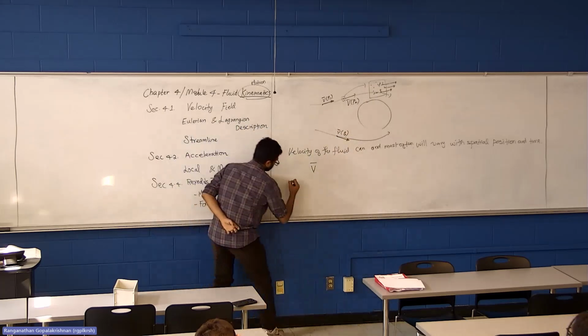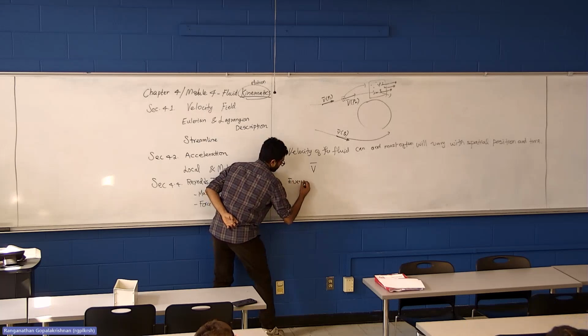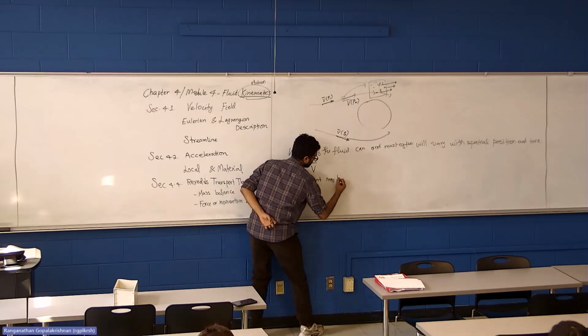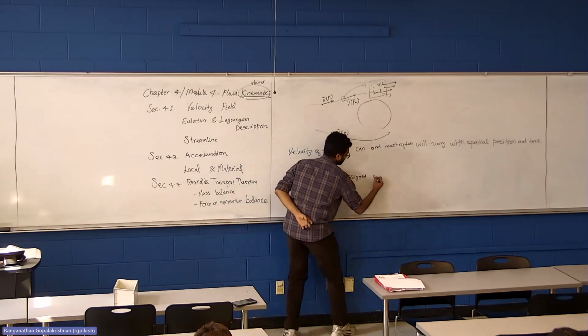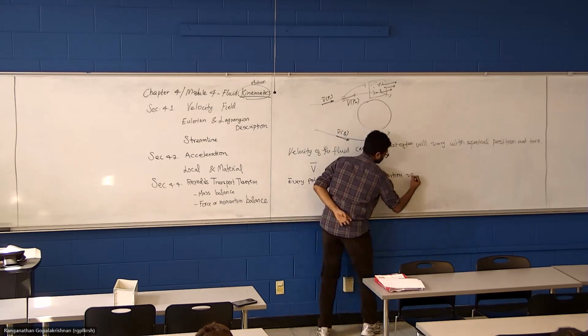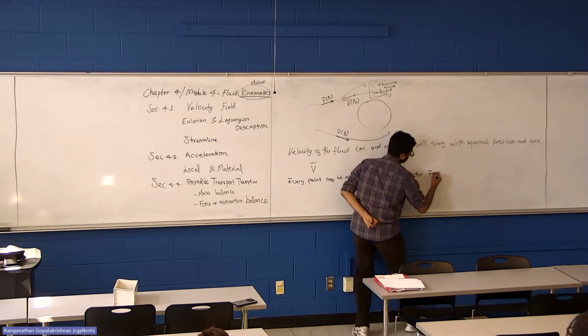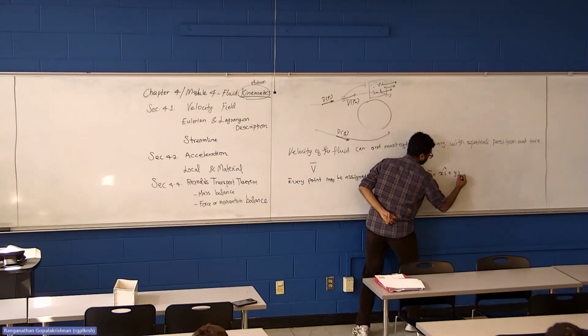And every point may be assigned a position vector, and we'll say this position vector r is described in terms of the x, y, z coordinates.